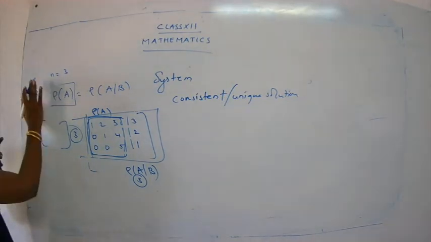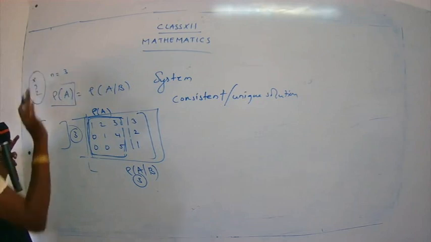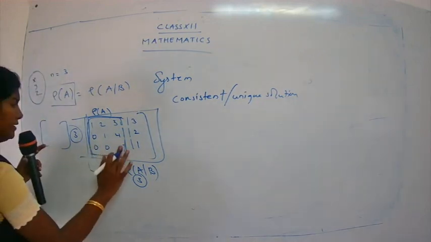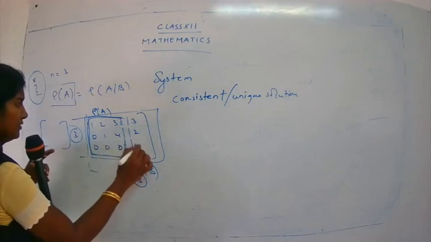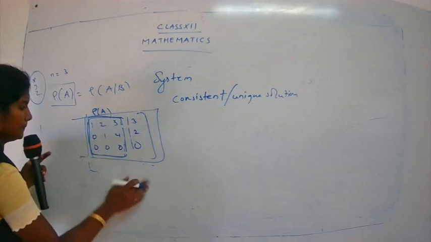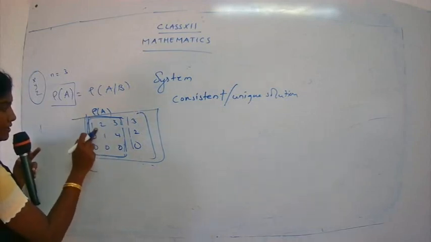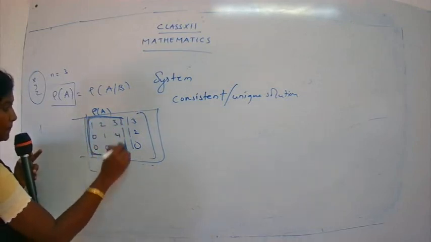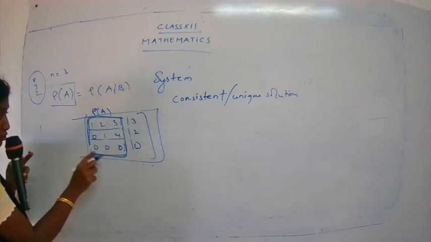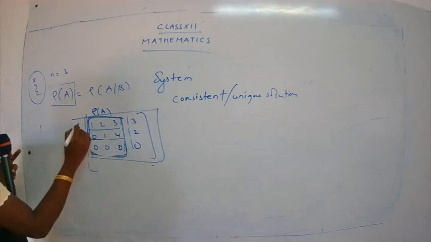I'll take the same number of variables, that is 3. Here, I just change the matrix. Now see here, tell me what is the rank of the matrix? Rank of A, I told you just focus on this part. So this is a non-zero row, this is a zero row. So leave that zero row.